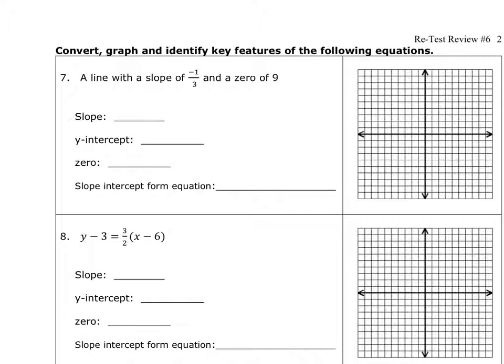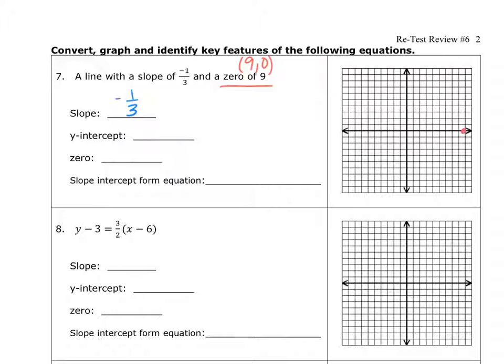Problem 7, this time I have a slope of -1/3 and a 0 of 9, so that means an x-intercept of (9, 0). So my slope is going to be up 1 over 3. It's also going to be down 1, left 3 to get to the y-axis. So my y-intercept, this crosses the y-axis at (0, -3).